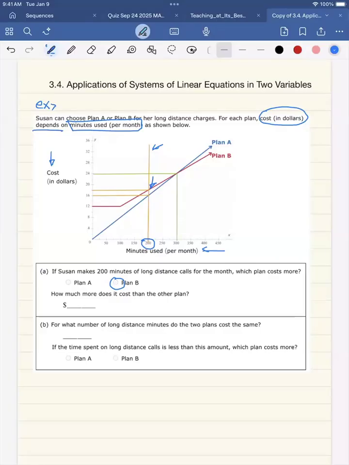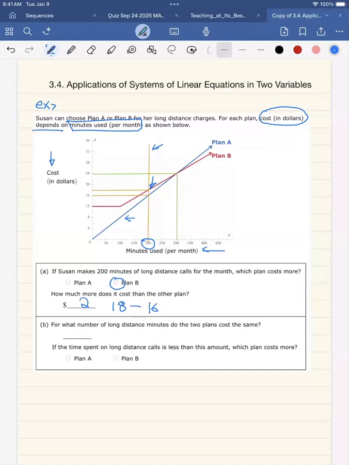So I drew the horizontal line, and then I found that this red line, plan B, is 18, and plan A, this blue line, which has lower value, has $16. The difference is $2.